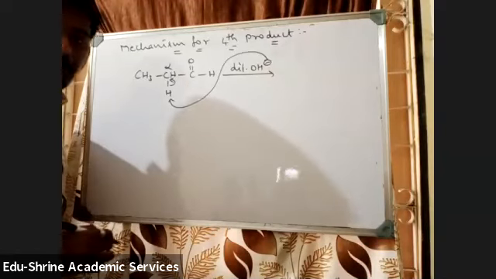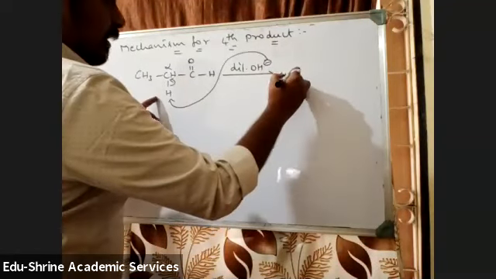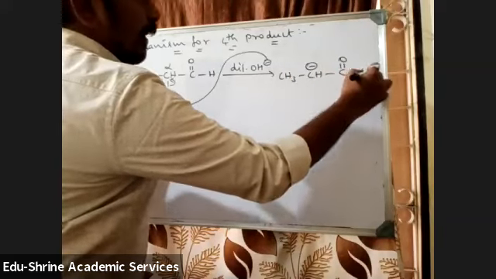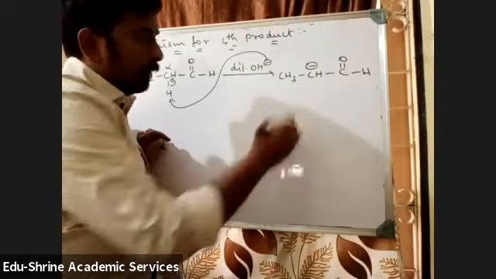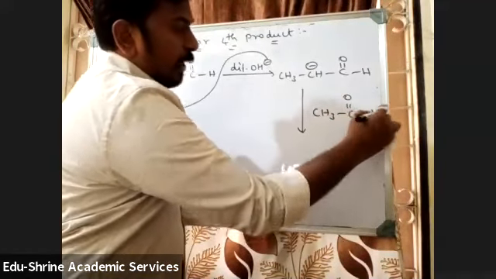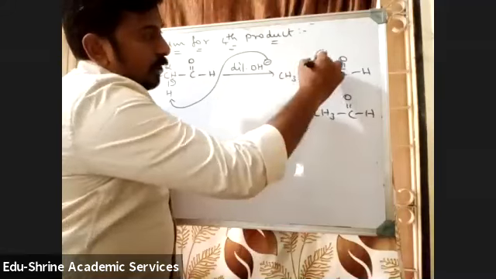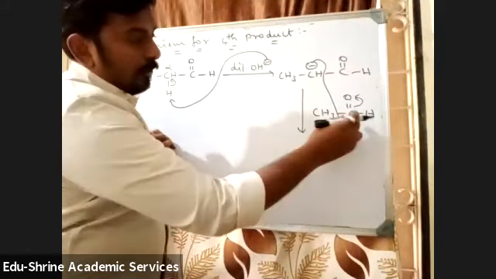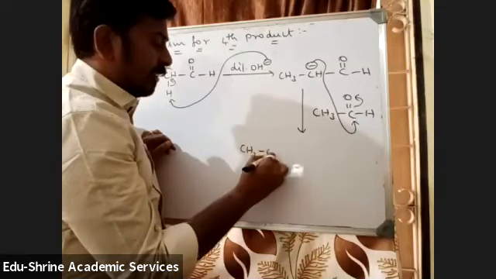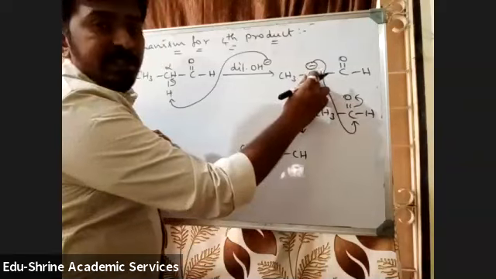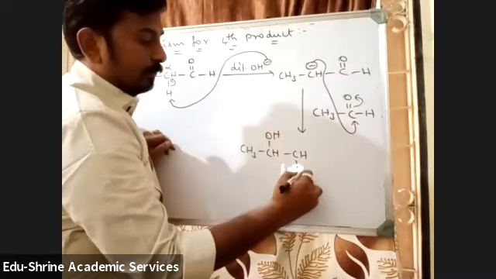This bond will shift towards this carbon atom, so you get CH3, CH minus, C double bond O, H. This will be attacking the other aldehyde, CH3, C double bond O, H. So this will be coming here. Pi electrons will move towards oxygen. So from this, you will get CH3, CHOH, CH, with one CH3 and one CHO.